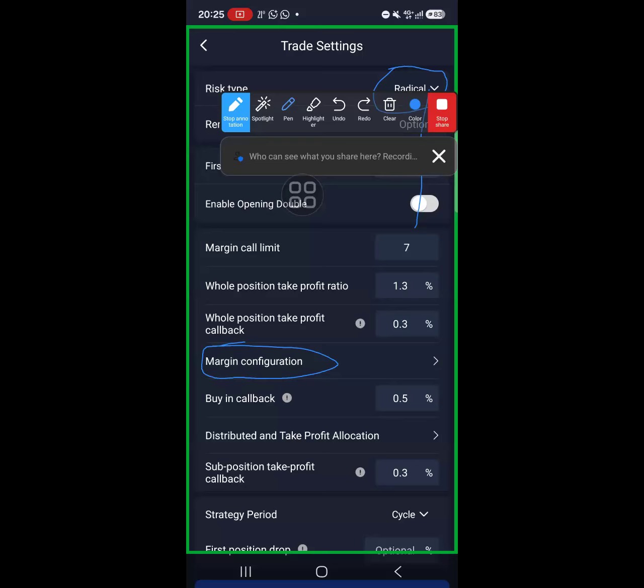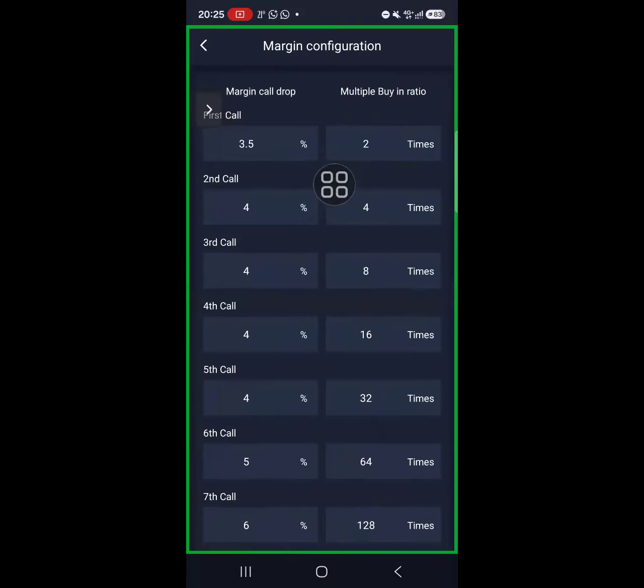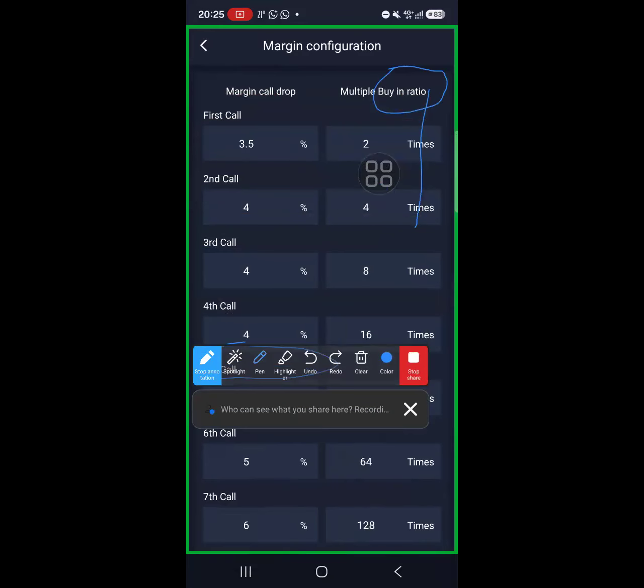So let's tap on margin configuration so that we are able to see the differences between the three. The difference here is about the margin call drop, how the percentages are aligned.